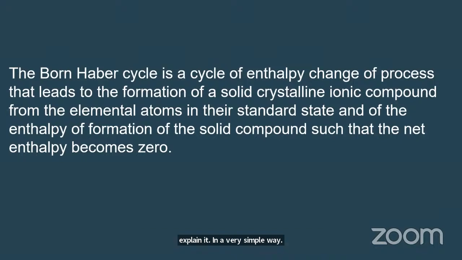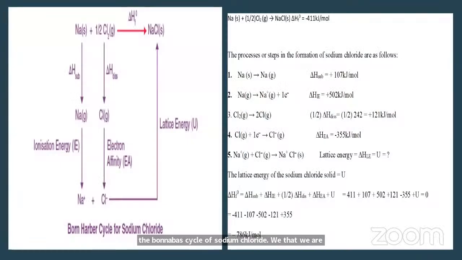Now, let us consider the Born-Haber cycle of sodium chloride. With that, we are going to understand what this statement means. Now, for the formation of sodium chloride, first of all, the heat of formation of sodium chloride from sodium metal and chlorine gas can be measured experimentally.